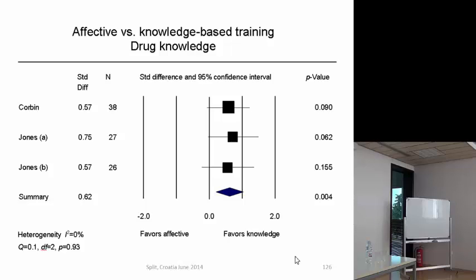It's clearly significant, although none of the individual studies were. And these statistics, I-squared, tell us that none of the variation that we observe across the three values is actually due to true variation between studies. It's due to sampling error variance.